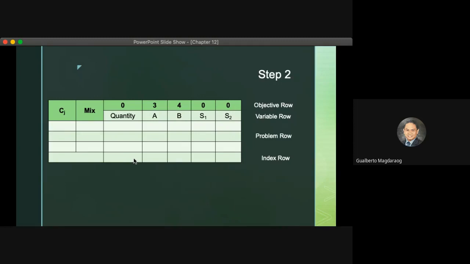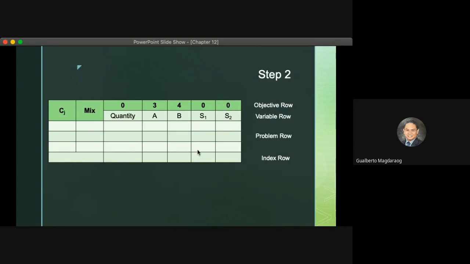If sa index row ay wala ng positive value, puro 0 or negative na lang, then we were able to arrive at the maximum combinations of quantity. Okay, so again, ulitin ko yung rule sa index row.